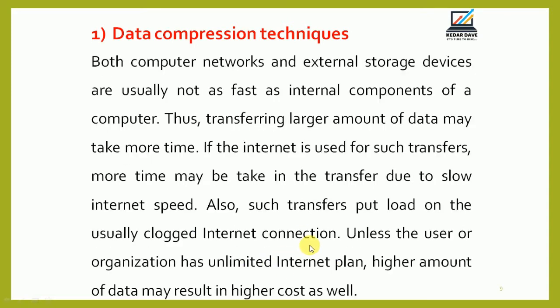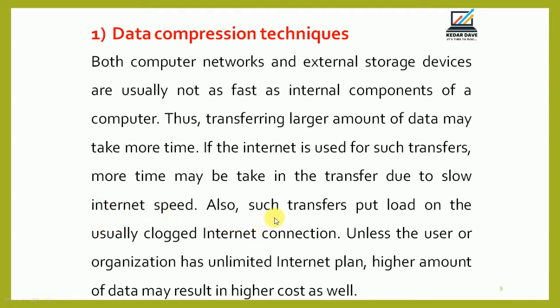So we use this data compression technique. Both the computer networks and the external storage devices are usually not as fast as internal components of the computer like our hard drives, right? So transferring a large amount of data may take more time, and if the internet is used for such transfers, right, more time may be taken due to the slow internet speed.